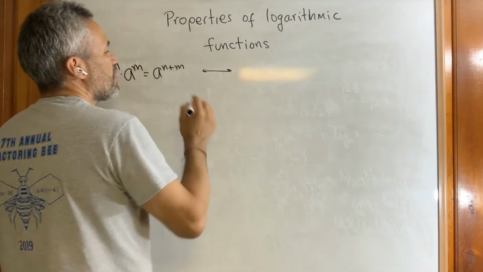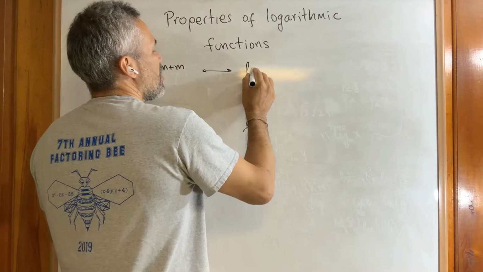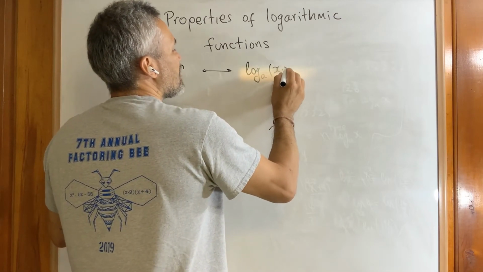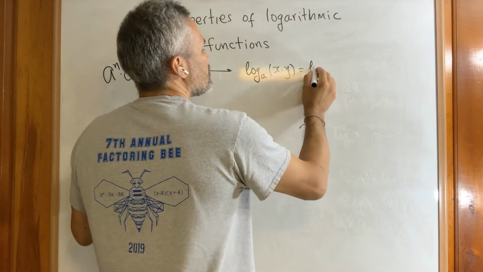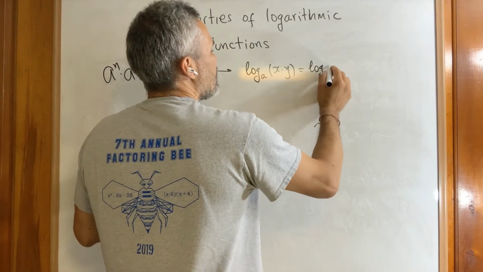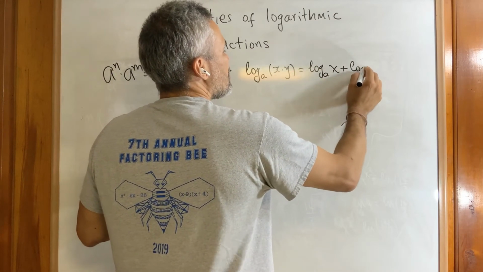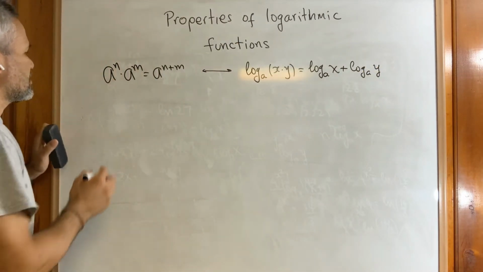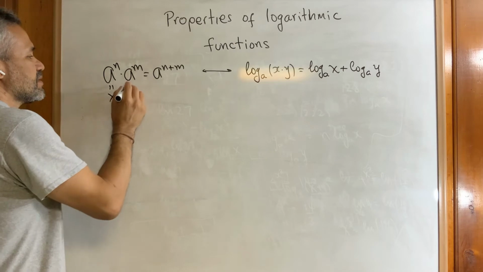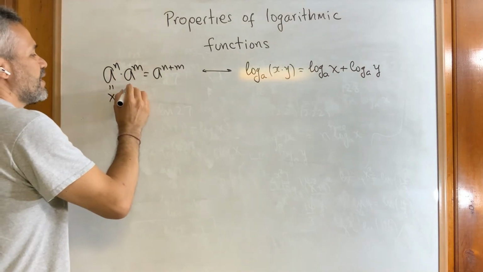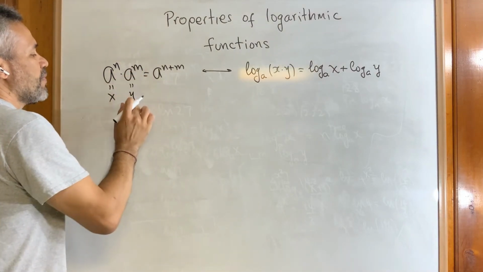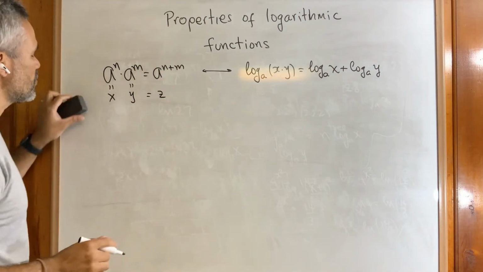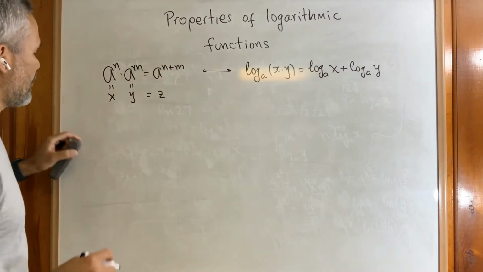This property will go with the property log in base a of x times y equals log in base a of x plus log in base a of y. Let's see this. Let's call x equal a to the n, a to the m, let's call it y, and let's call c equal to a to the m plus n.